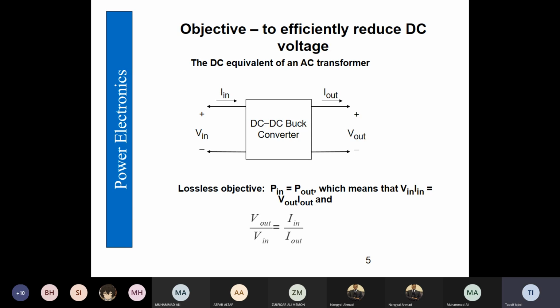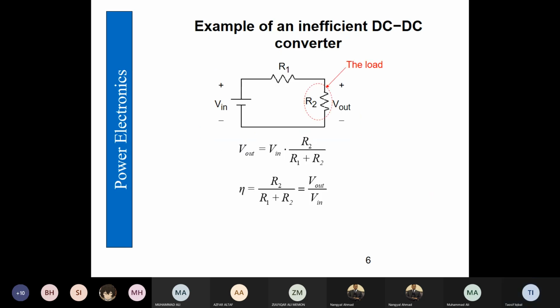So in the ideal situation, we want the input and output power to be equal. So we know that in an inefficient DC to DC converter, we have very low efficiency, and that efficiency depends on the voltage divider ratio. The lower the ratio, the lower the efficiency, and that depends on the output voltage.